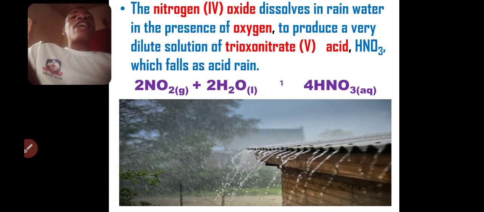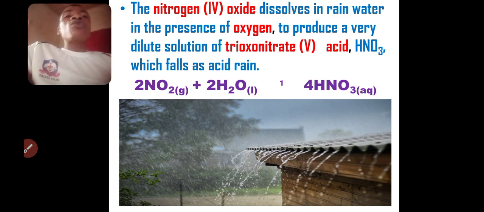So this NO2, this brown NO2, when it has been formed in the atmosphere and rain begins to fall, because the NO2 is an acid anhydride, it can dissolve in water to produce acid solution. So when rain is falling, it dissolves in the rain to give us trioxonitrate(V) acid, which is popularly known as the acid rain.